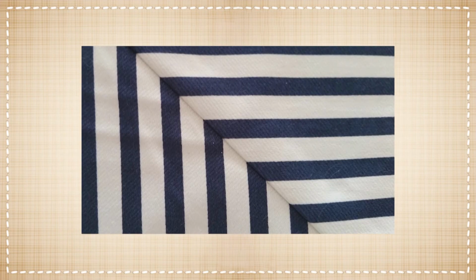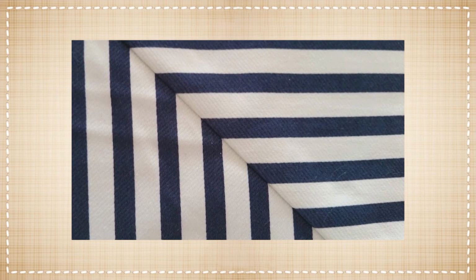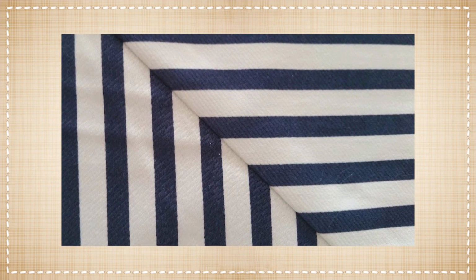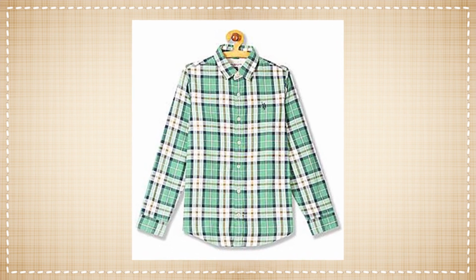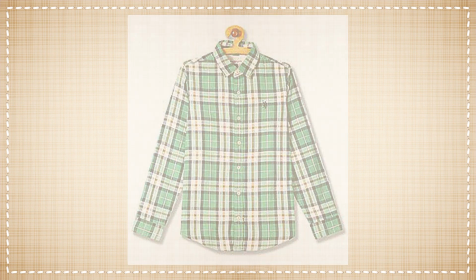A well-constructed seam should have a consistent stitch length. It would be flat and trimmed or graded if necessary to reduce the bulk. And the seams should be made in such a way that the fabric designs such as stripes or checks should match at the seams as much as possible.